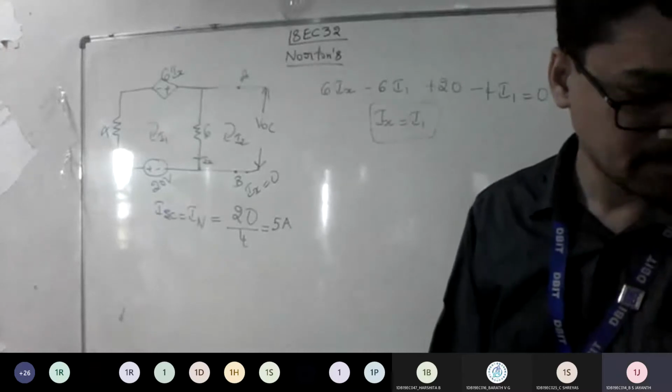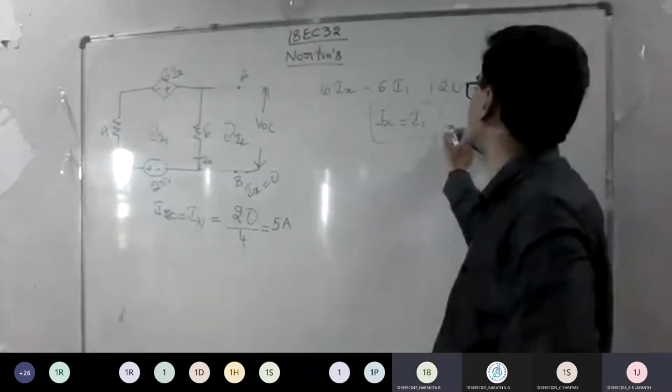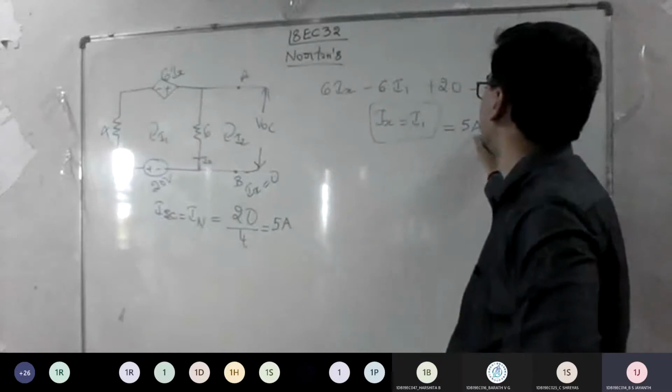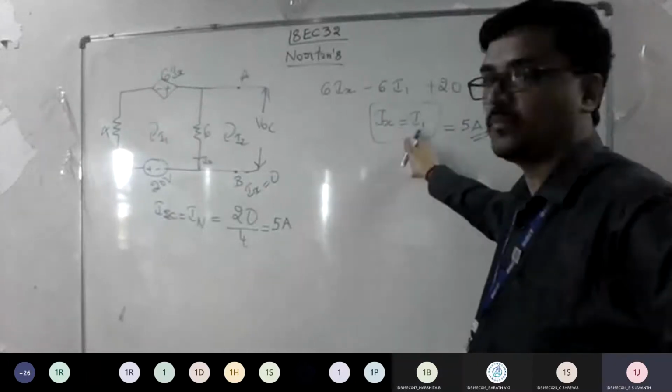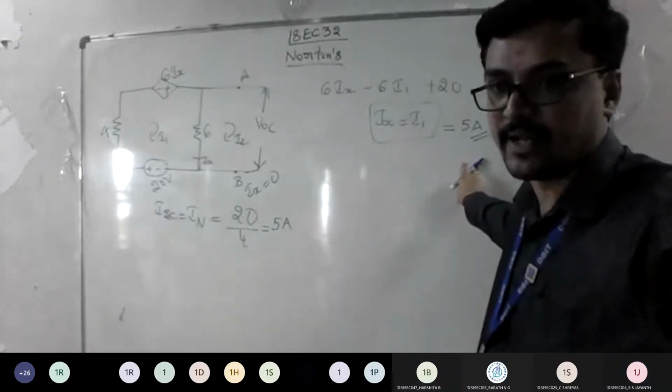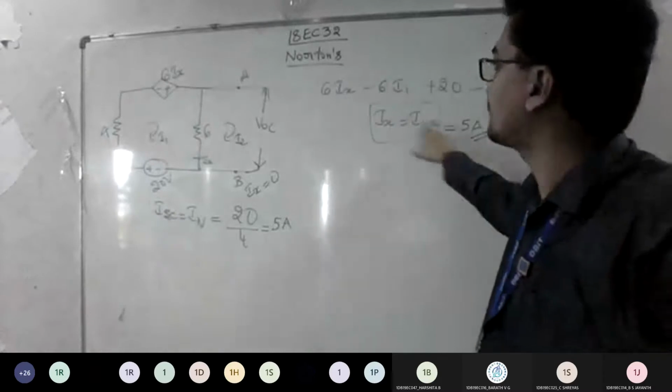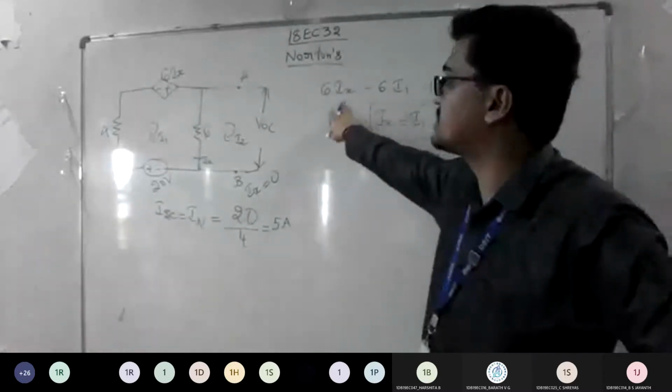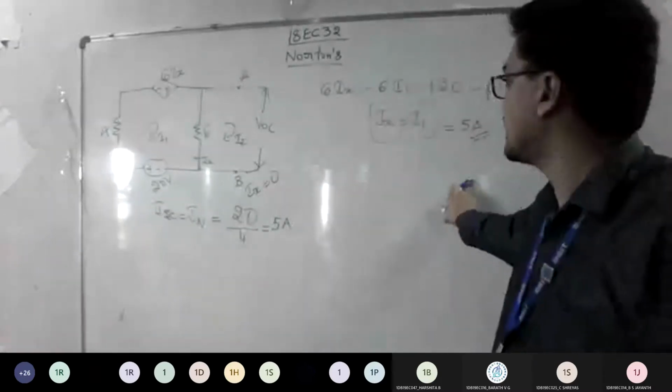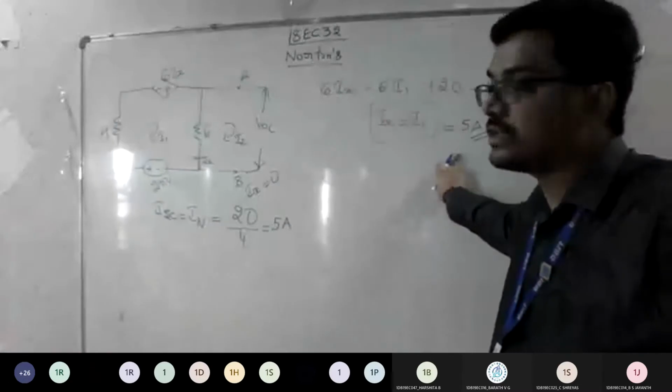I1 is equal to 5 amperes. So I can tell Ix and I1 both are same, so I am going to get 5 amp. Any doubts anyone till here? After substituting I1 in this 6, you're going to get the same answer. So we have found the current.